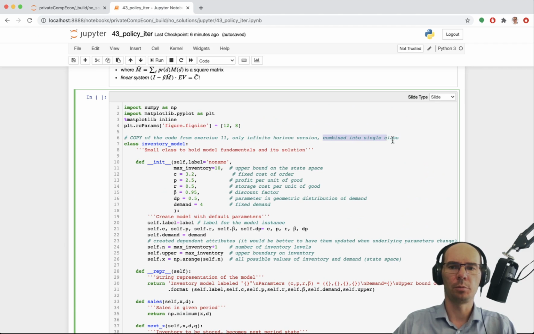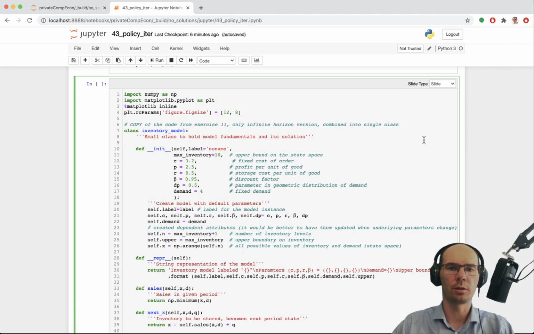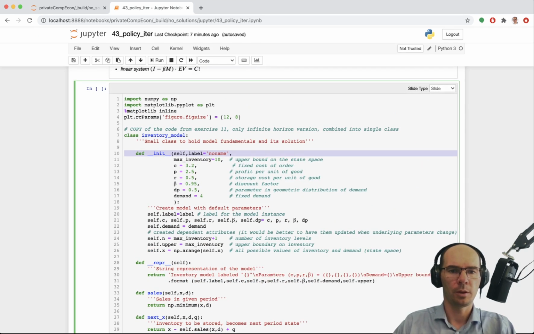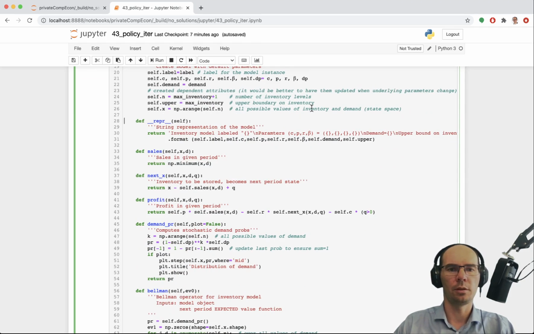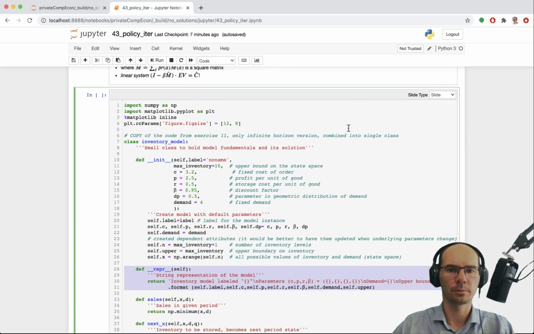And I've also combined the functions that we've written in exercise 11 as separate functions to be methods of this class. So what's the class? The inventory model. It has all the needed parameters initialized; you should go back to exercise 11 to see how it was developed in video 37.